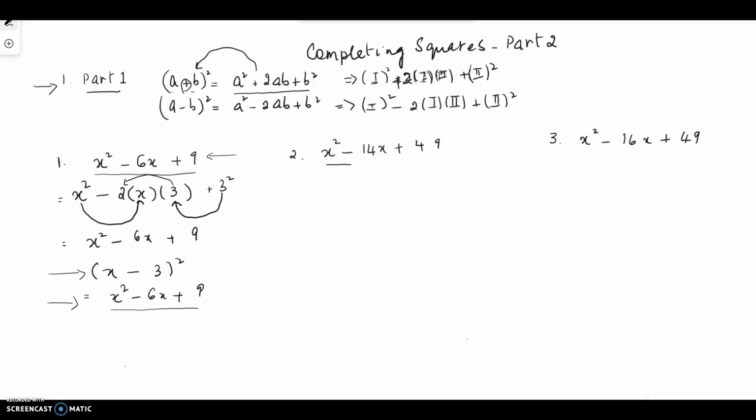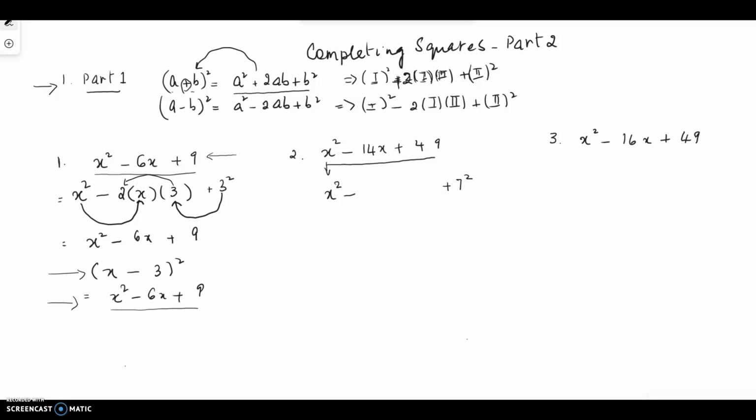So we are given this expression, which is a quadratic expression. We want to see if it can be written as a perfect square. So let's see. The first term is a square, which is good. The last term is also a perfect square. So this looks promising. The middle term is negative, so I'm going to put a negative there.